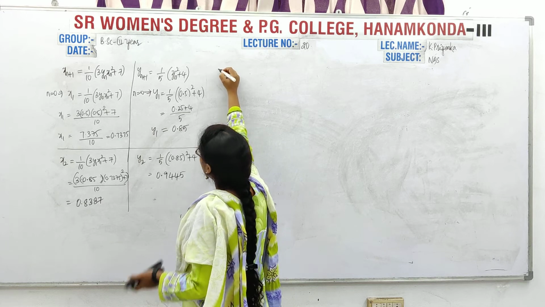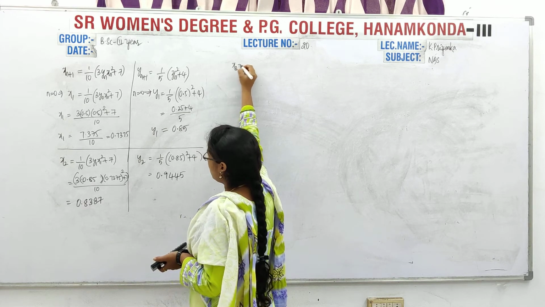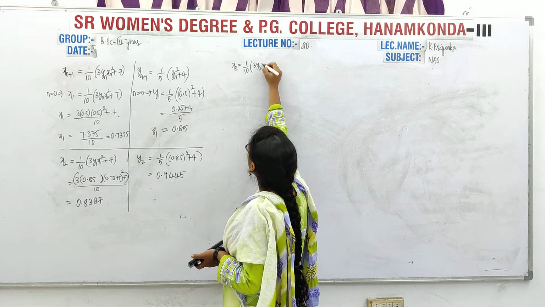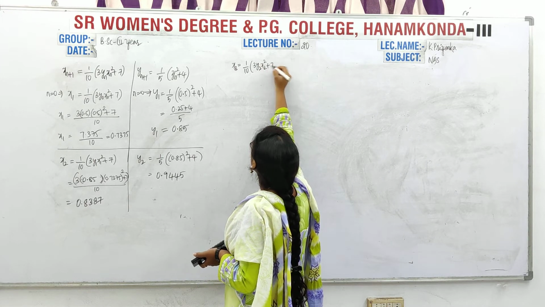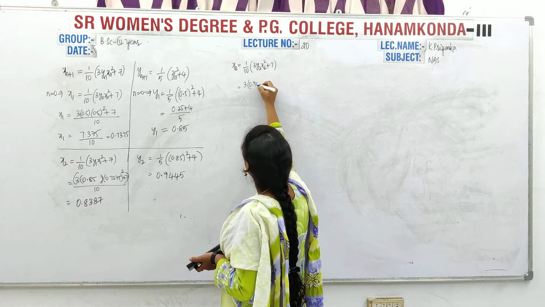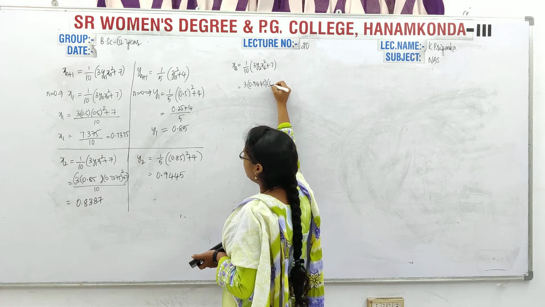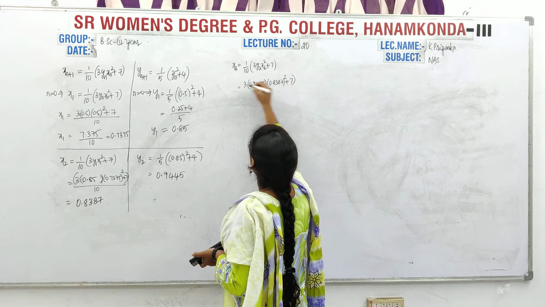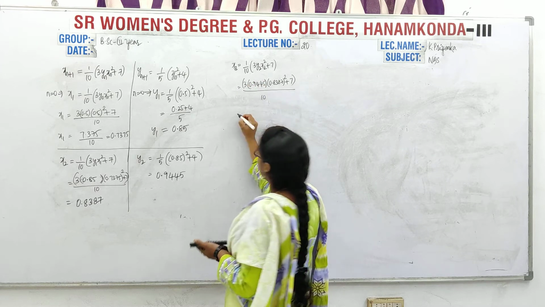So next iteration means x3 equal to 1/10 of 3 into y2 x2 square plus 7. Now 3 into, what is y2? 0.9445 into 0.8387 whole square plus 7 by 10.